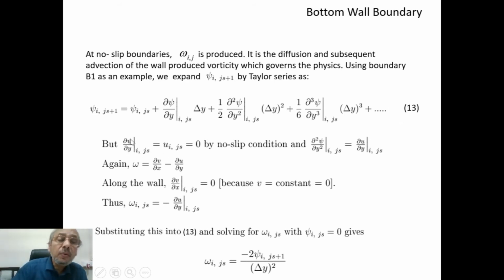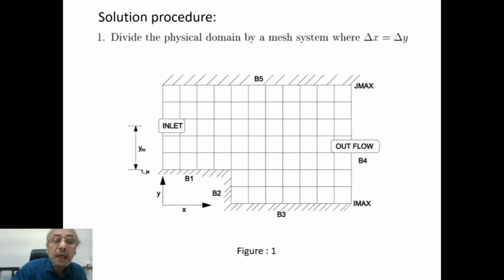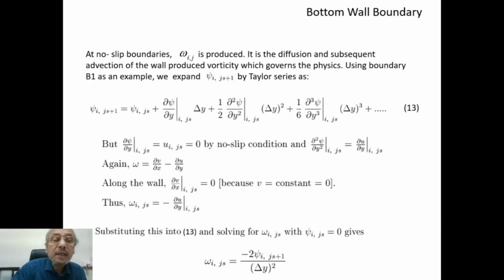Now, what is del psi del y at ijs? That means on this surface, psi is 0, as we have already said. So let us go back.